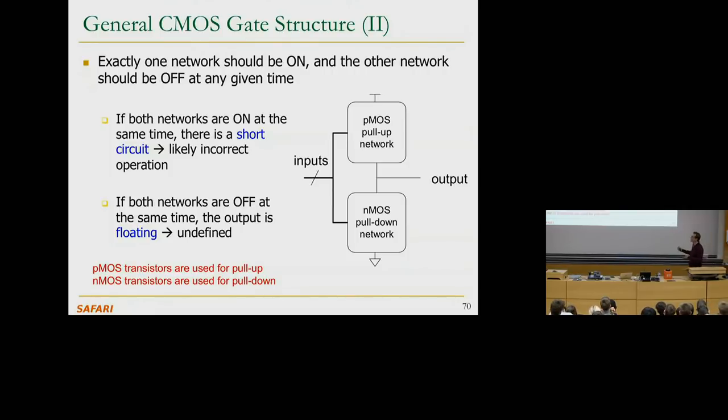As a result, you don't know what the output value is. It's undefined, right? It's also called a floating value, or Z, in logic, as we will see later on. This is usually not good, but a designer can use it for different purposes. Sometimes you don't care about the value, so you could actually enable this.